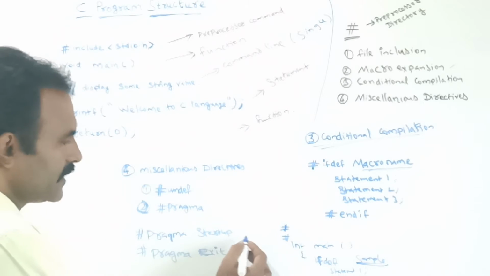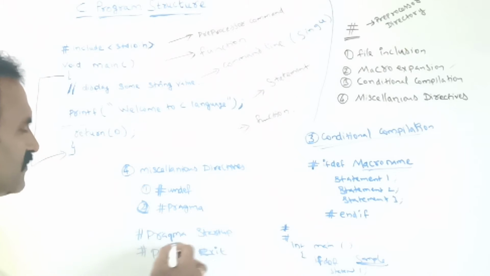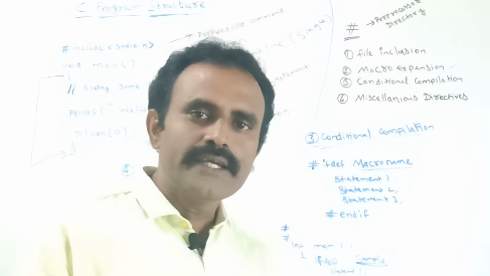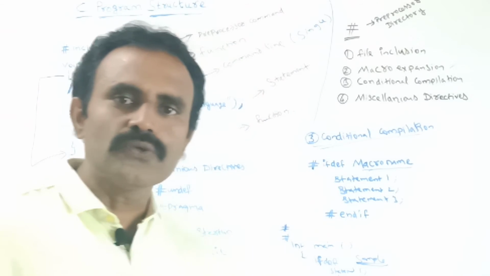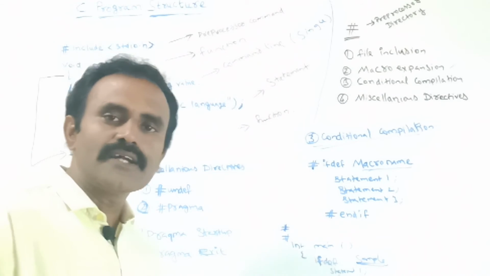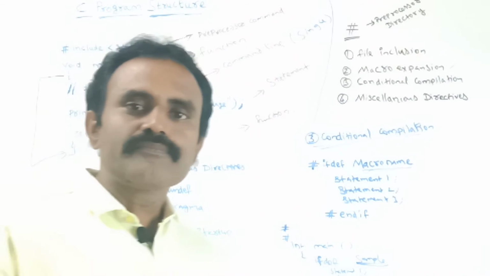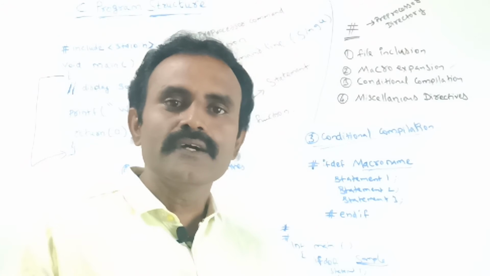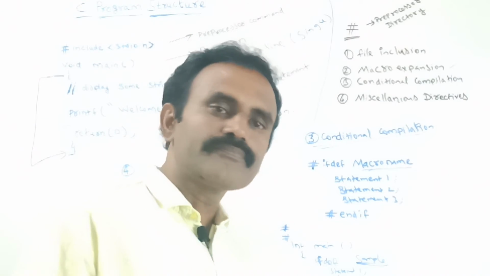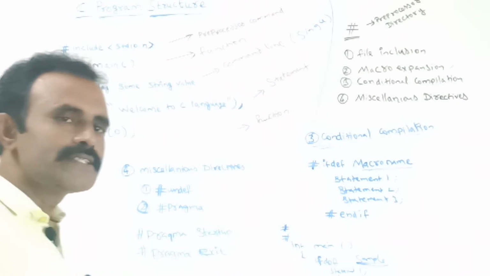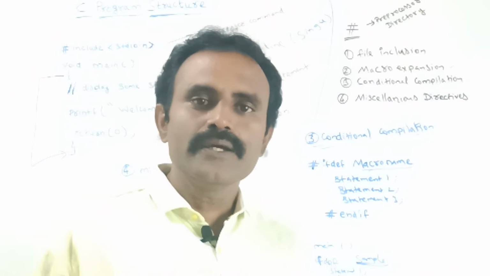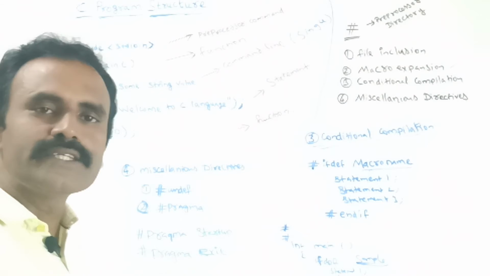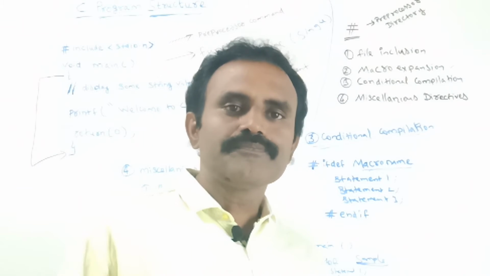With the help of Pragma startup, we can declare a function. While executing our source code, the function mentioned in Pragma startup will be executed very first, and with Pragma exit, before terminating the program, the Pragma exit functions will be executed.